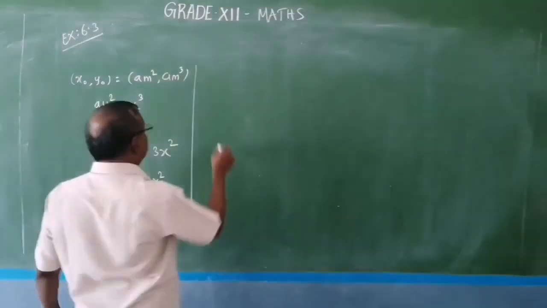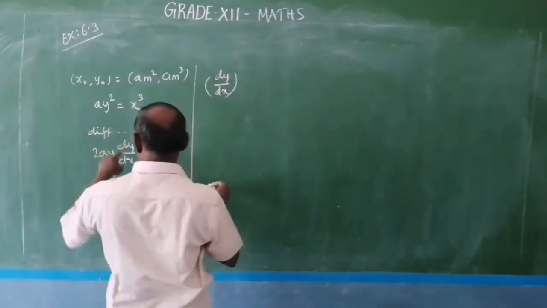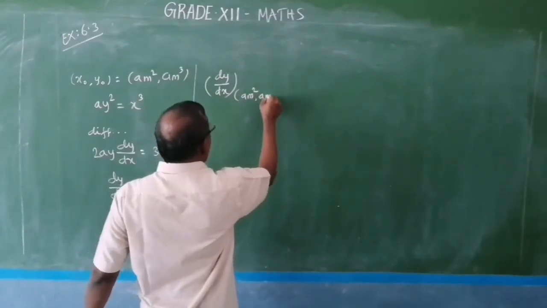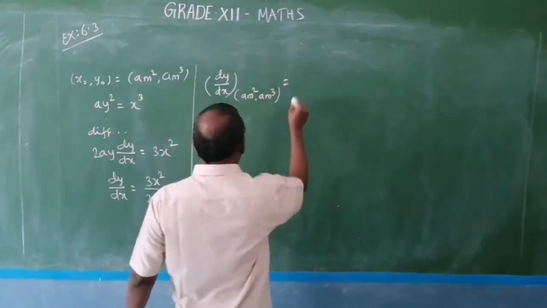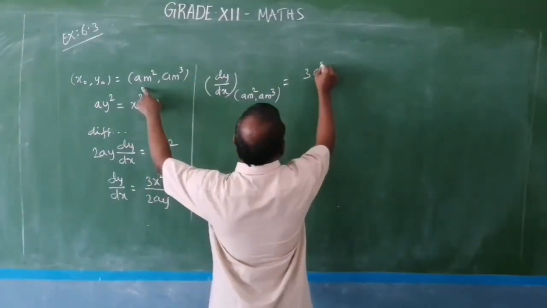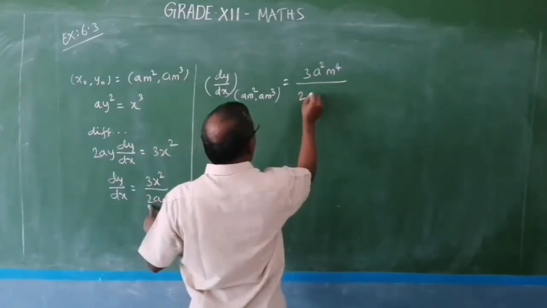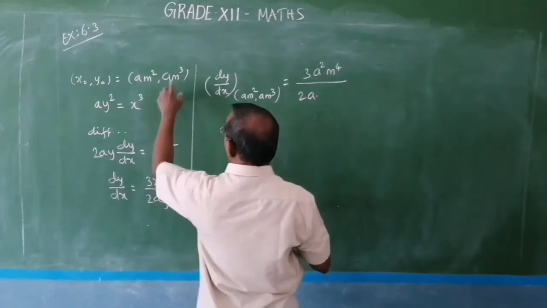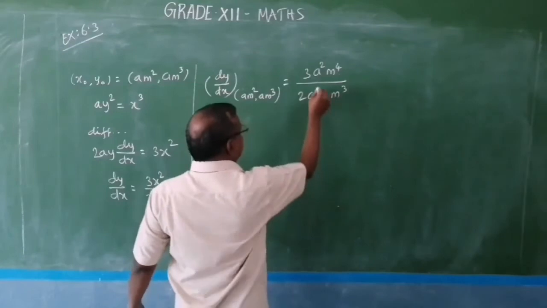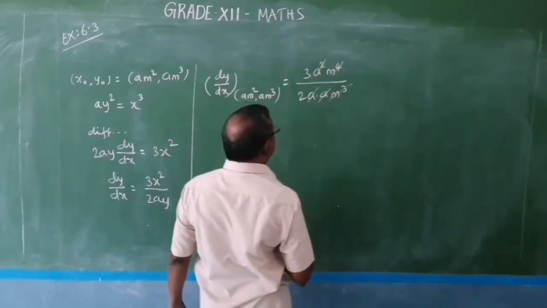Now dy by dx at the point of contact, that is am square comma am cube, equal to 3 into a square m power 4 divided by 2a into y. Y means a m cube. Now a into a square is cancelled. M cube, we can cancel 1m, 3 m's.